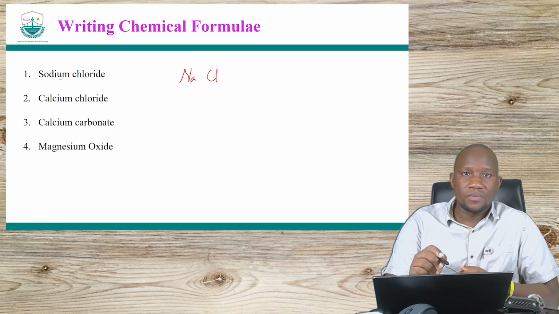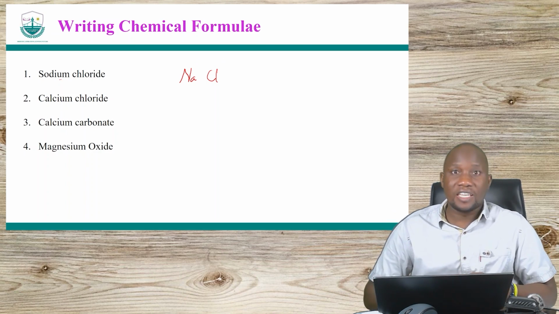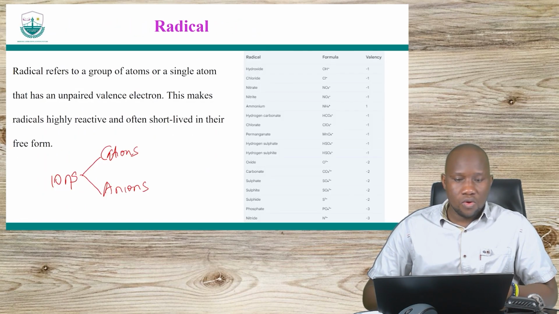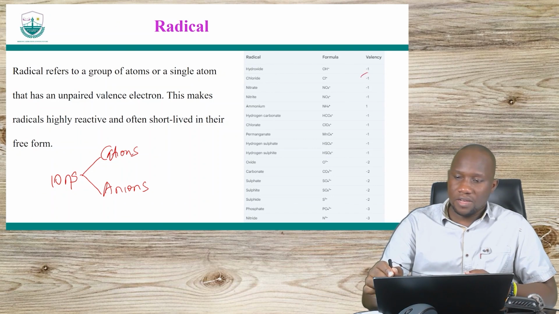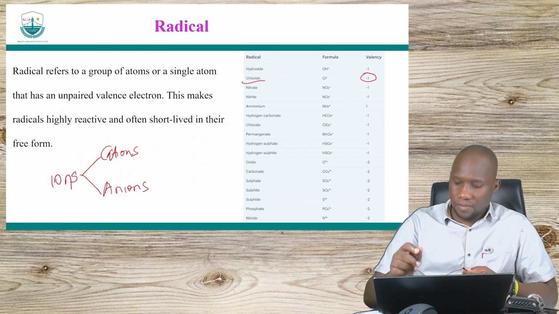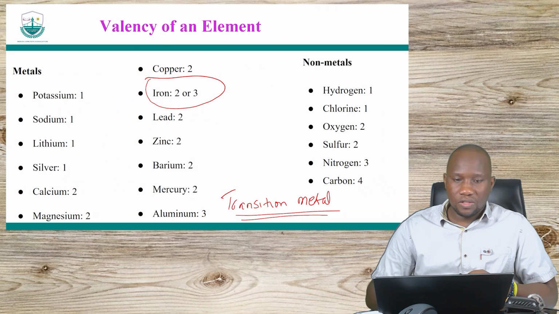Then we write the valence of sodium, and then the valence of chloride. So let's go back and check the valency of sodium and the valence of chloride. Here we have chloride, -1, you can see it here. So we are remaining with sodium.